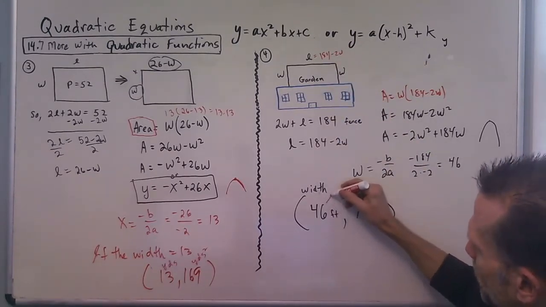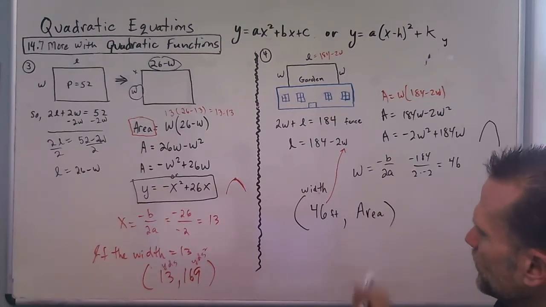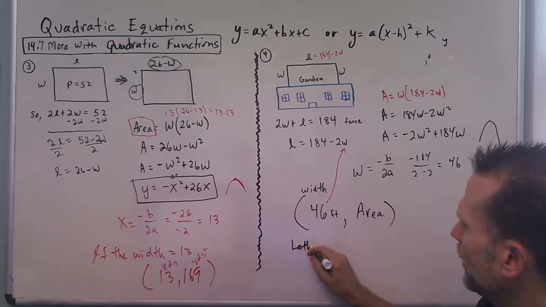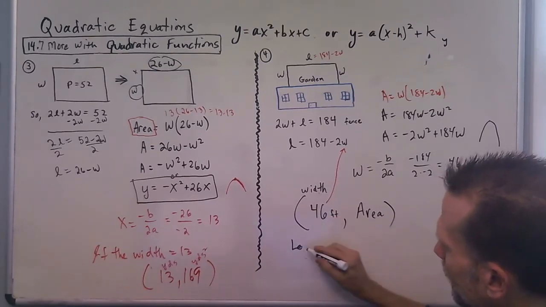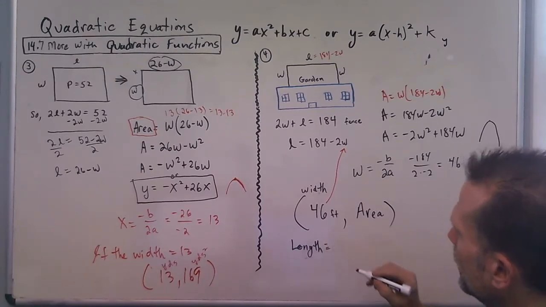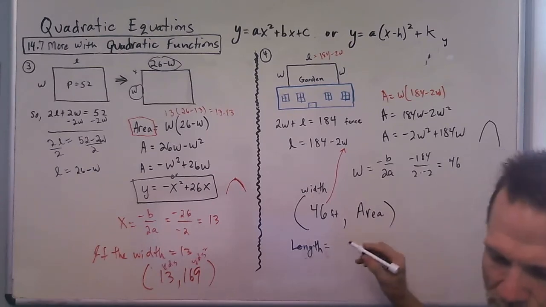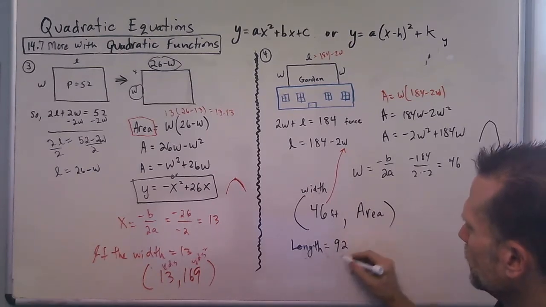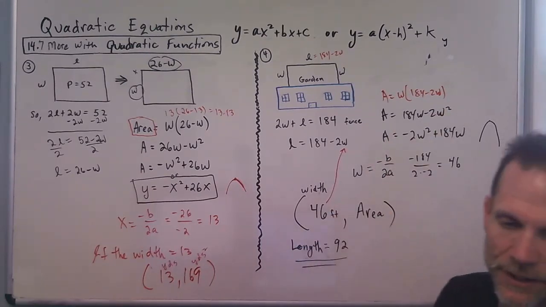I can put it right in here, or right up there, and I find out that the length equals 92. So if they ask for the area, you would substitute it into this one and calculate.